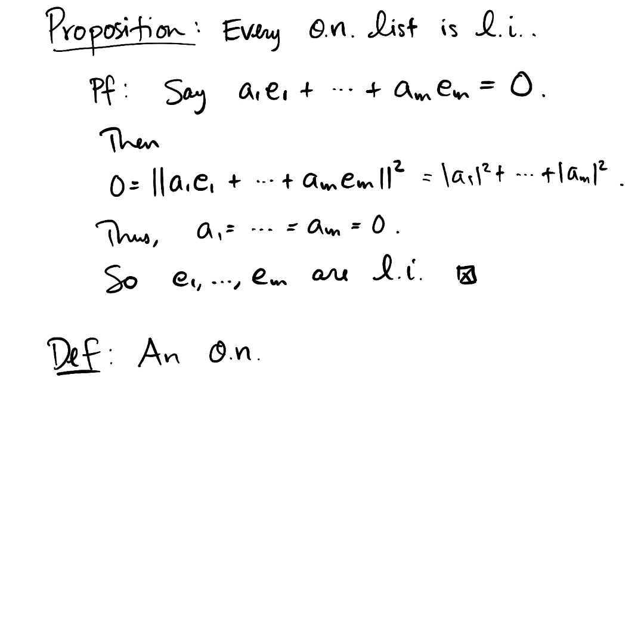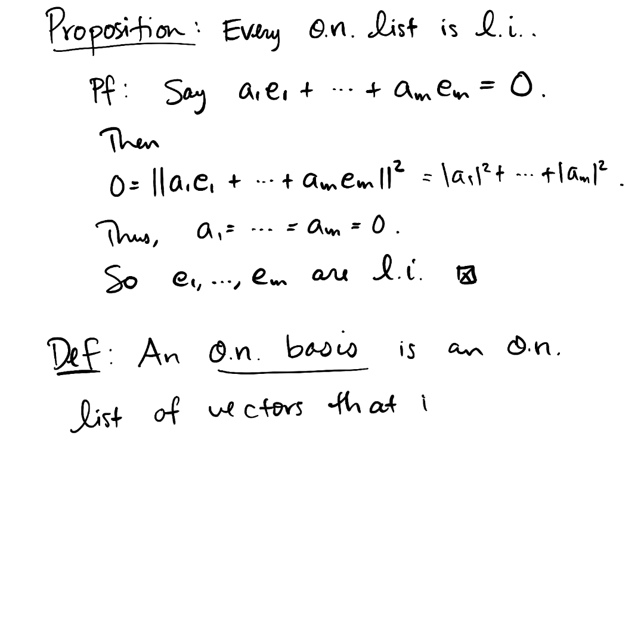An orthonormal basis. So that's the term we're defining. An orthonormal basis is an orthonormal list of vectors that is also a basis.